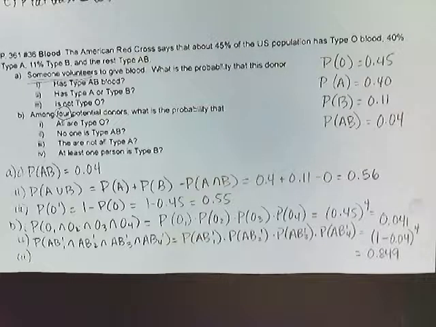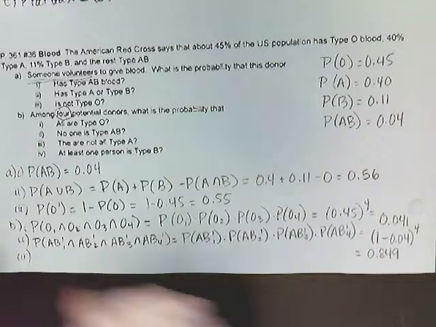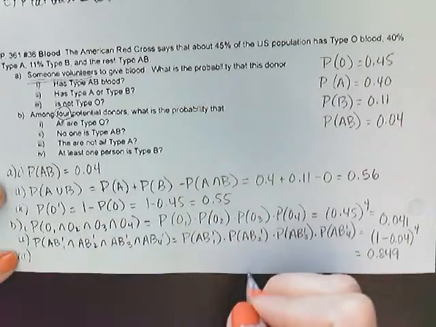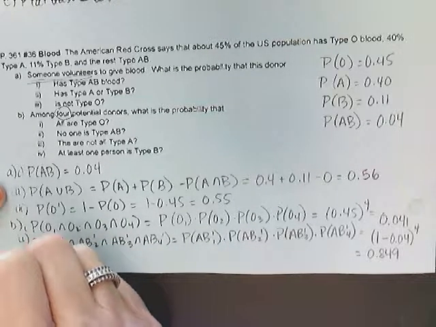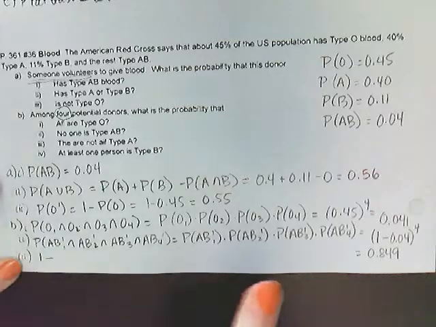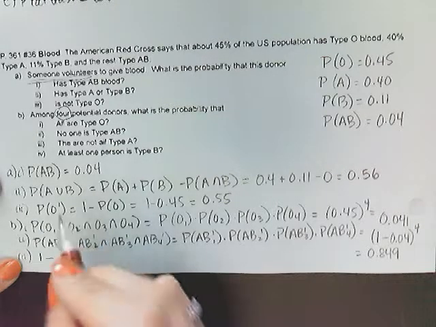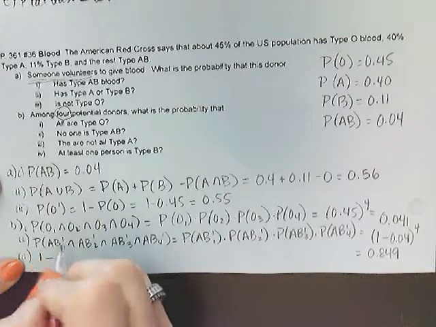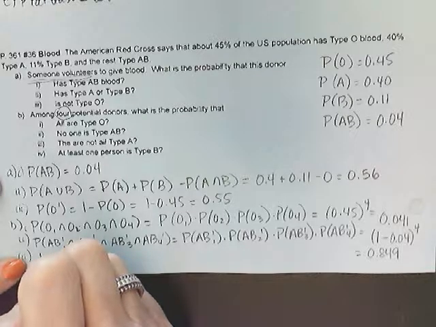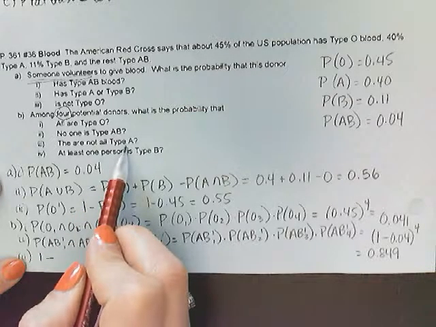Okay, so it's a little different than the other problem. I'm just going to get through this kind of quickly. I'm going to do 1 minus all of them being type A. So not all of them are type A.